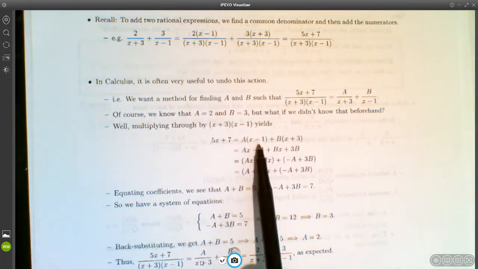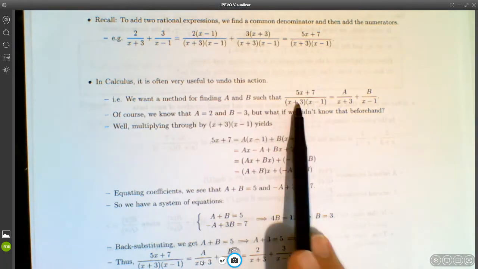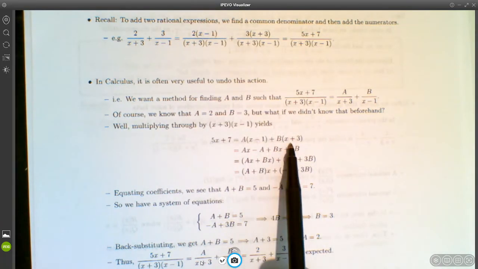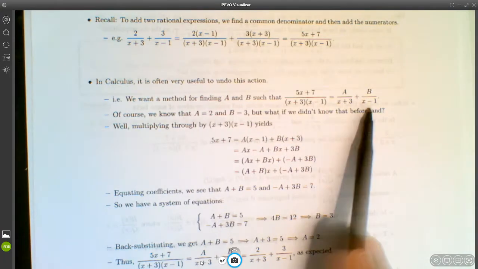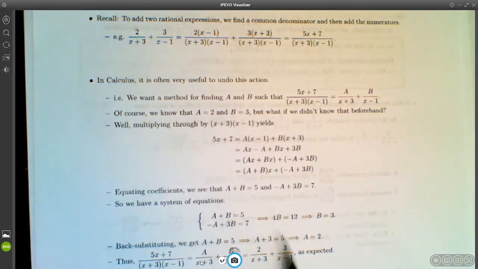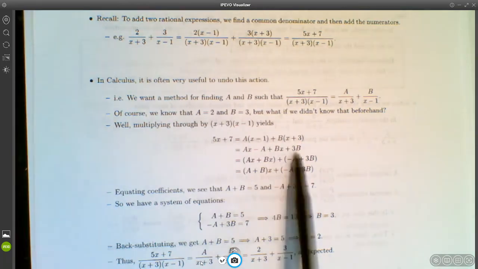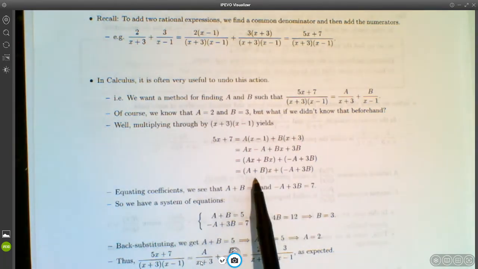On the right-hand side, we get a times x minus 1, because the x plus 3's would cancel, and b times x plus 3, because the x minus 1's would cancel. Then we can distribute those, collect like terms, and we would get a plus b times x plus negative a plus 3b.